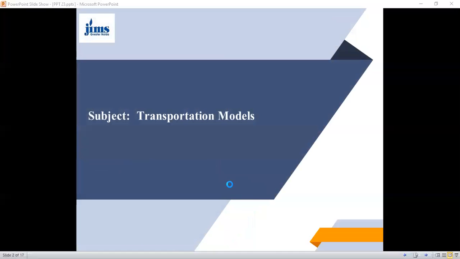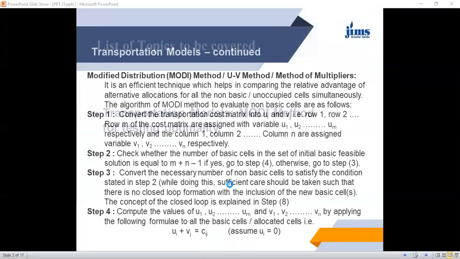So there are different steps for using Moody method for testing optimality. We convert the transportation cost matrix into Ui and Vj. That is, rows are denoted by Uis, U1, U2, U3, and columns are denoted by Vj, V1, V2, V3.